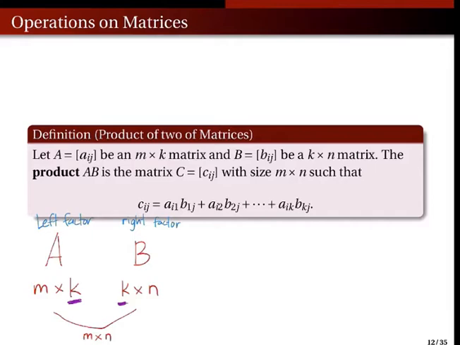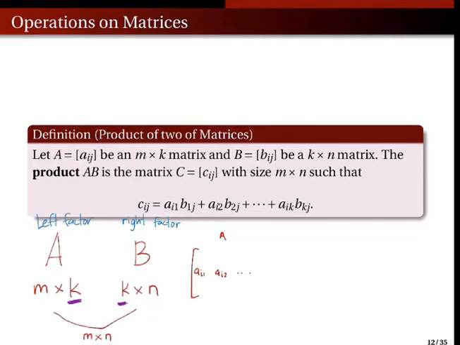Now, how about the actual multiplication? How about the actual multiplication? So say this is your A. You have your Ai1, Ai2, okay?